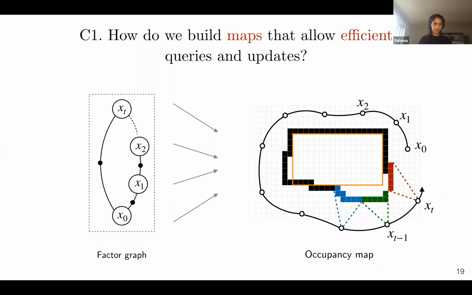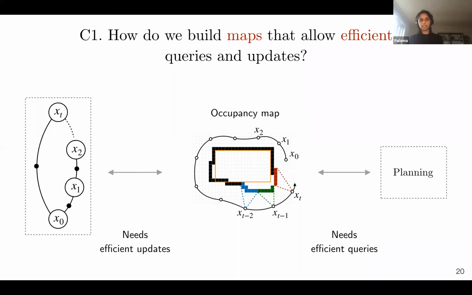In challenge one, we look at the problem of efficient representations. A common goal in SLAM is to create a map by fusing several measurements together. For example, here you see an occupancy map on the right that is being created by fusing measurements from the different states, x0 to xt, from the graph on the left.